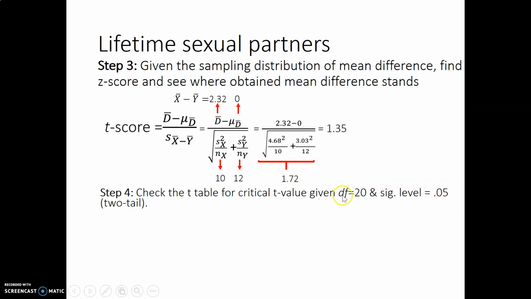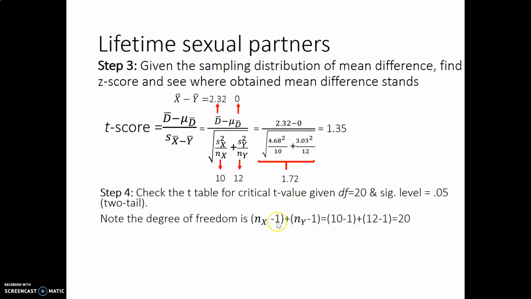So how do we calculate the degree of freedom for these two samples? Actually, the degree of freedom is decided by both sample sizes. The overall degree of freedom is the sum of the degree of freedom for each sample. In our case, it is our men sample size minus 1.